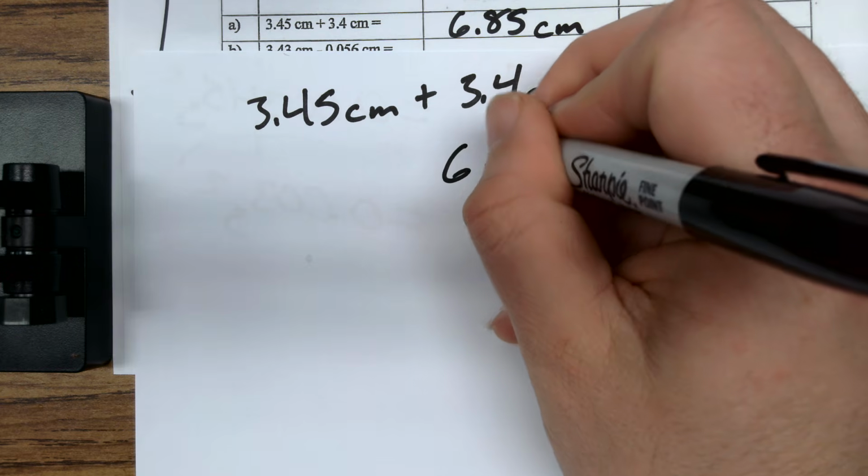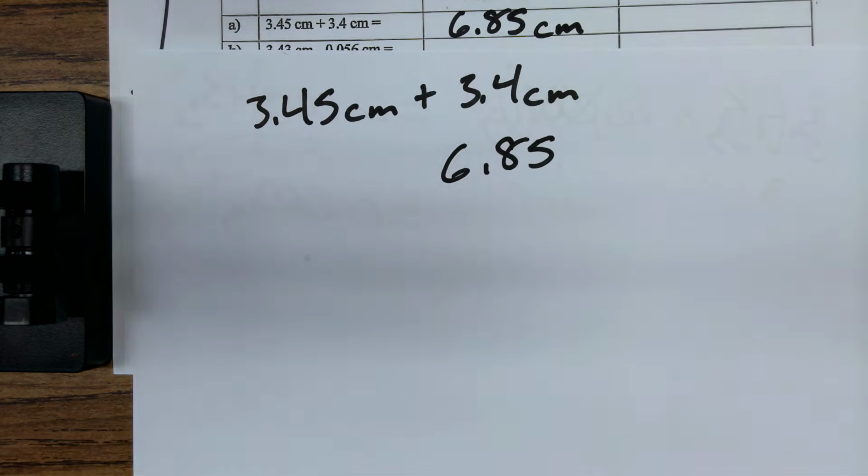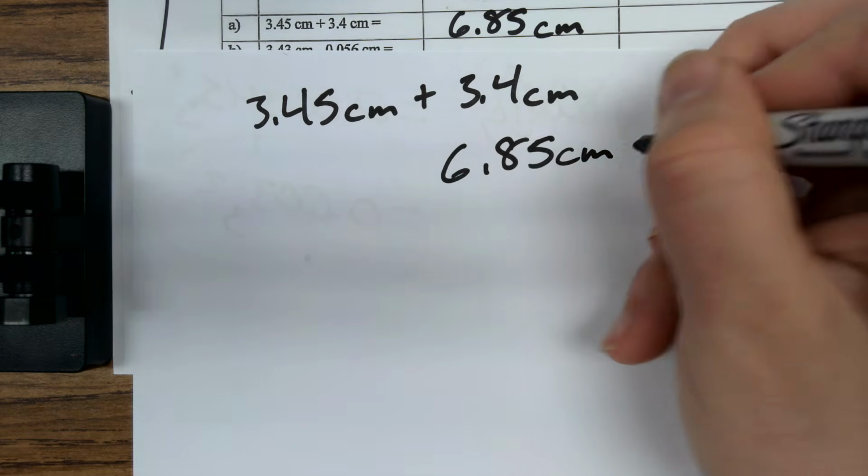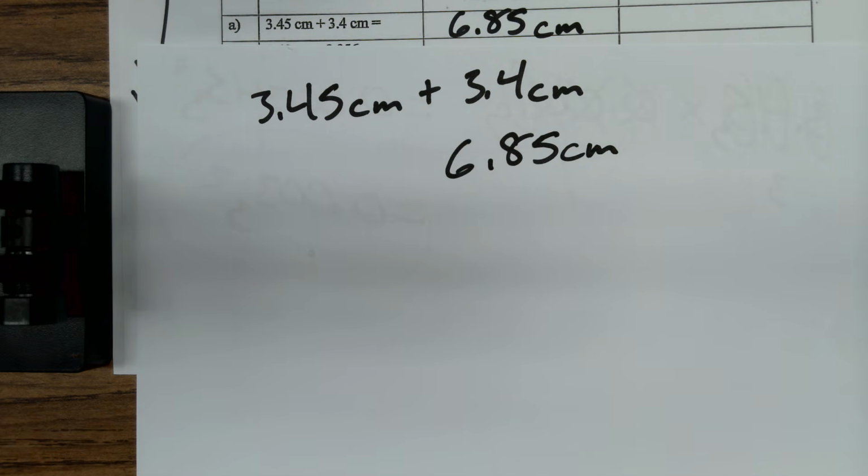Now, I know that my calculator is mostly always wrong. How am I going to round this answer? Am I going to count significant figures or decimal places? Why am I counting decimal places? Because the operation's addition.